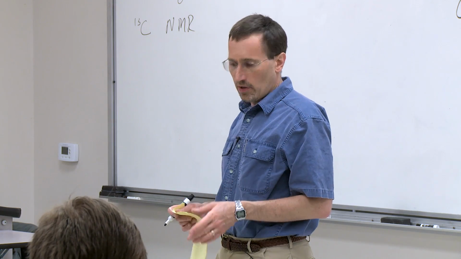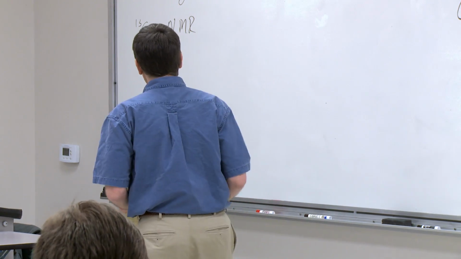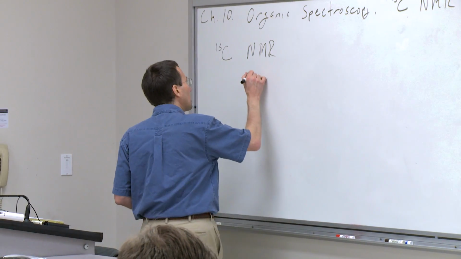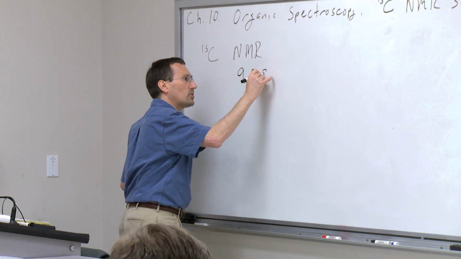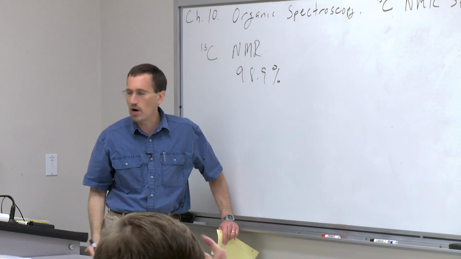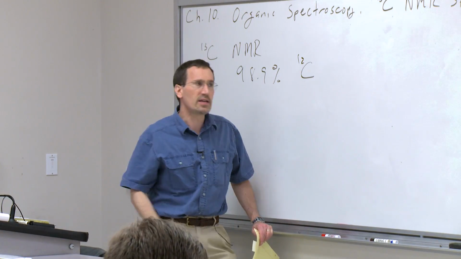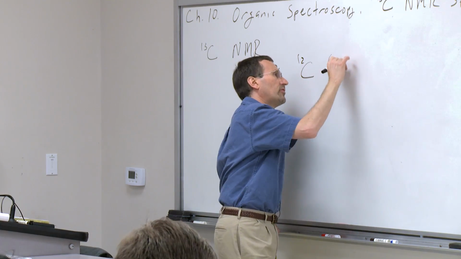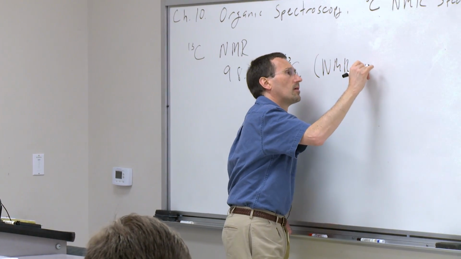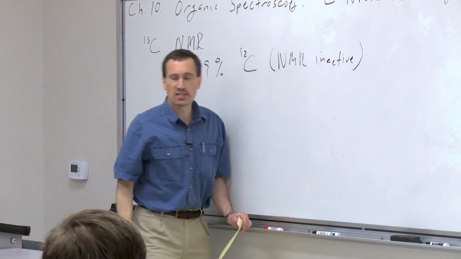All of that's true for carbon NMR spectroscopy, but it's even worse because most of the carbon in organic molecules, 98.9% of carbon, is carbon-12, and carbon-12 is NMR inactive, meaning there's no way it has a signal.